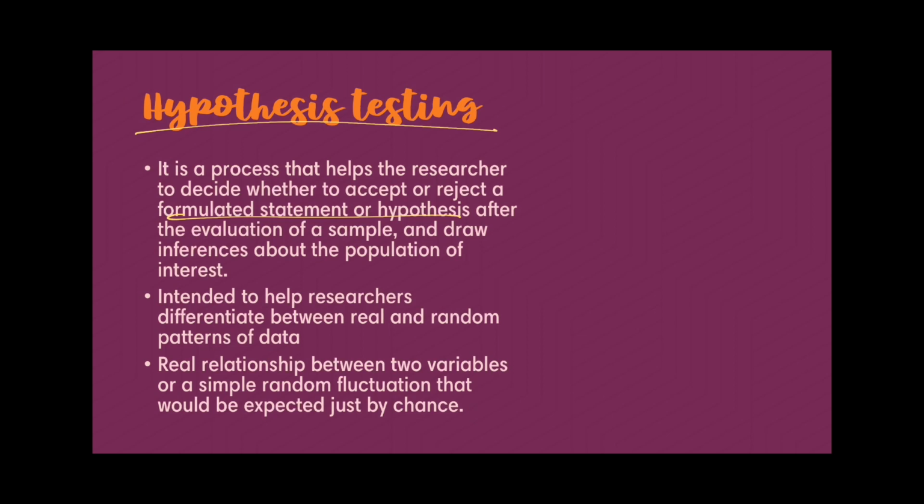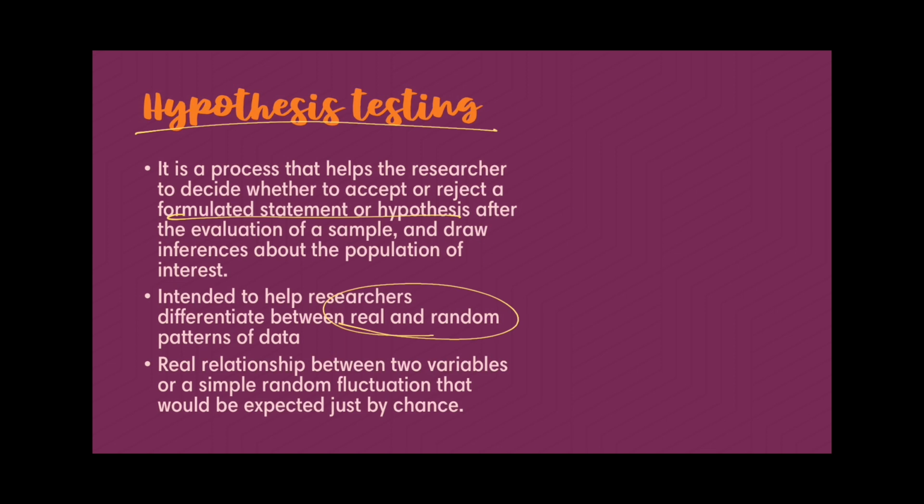So we want to be able to differentiate real and random patterns of data. Okay? So a real relationship between two variables or a simple random fluctuation that would be expected just by chance. So if our hypothesis is founded, then there's an actual relationship between the variables.